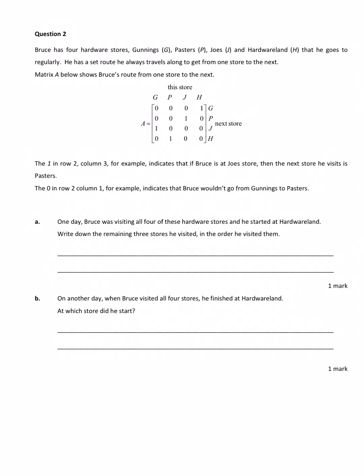Okay, question A. One day Bruce was visiting all 4 hardware stores, and he started at Hardware Land. Write down the remaining stores he visited, in the order he visited them. So if he's at Hardware Land, the next store he'll go to is Gunnings.